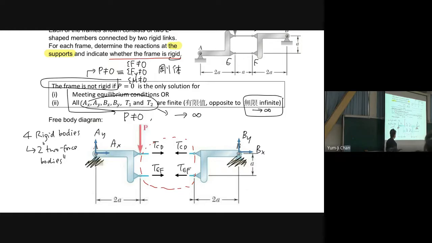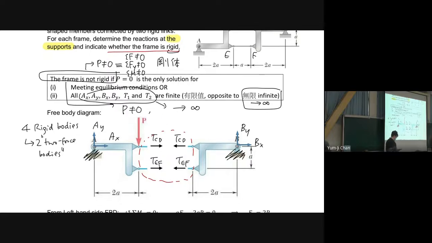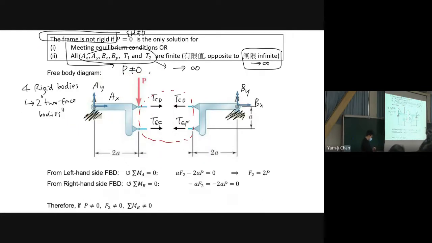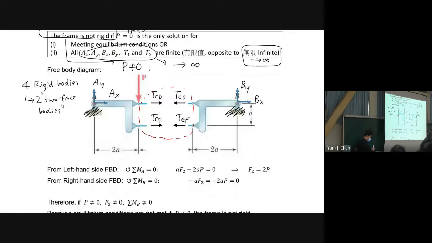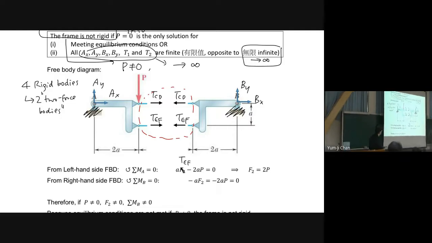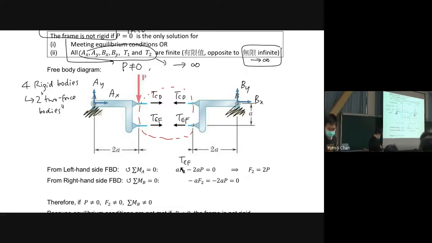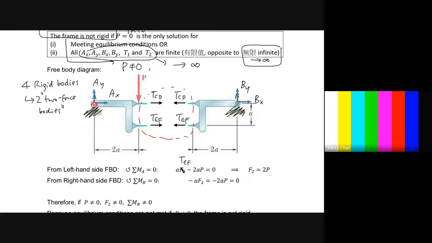Now we look at the free body diagram on the left. Summation MA equals 0. It means TEF times A minus 2A times P equals 0. Because we take moment about point A, we don't have moments for these forces, because the moment arm equals 0.